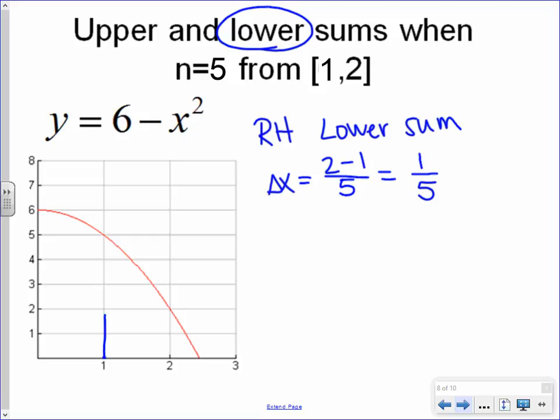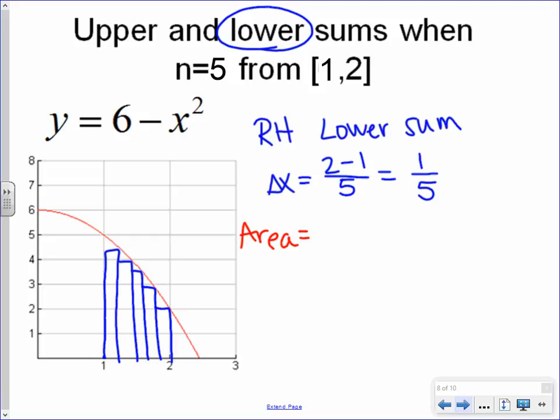Okay, so I'm going to draw these. Don't feel like you need to. Okay, that's what we're finding. So are we starting with a function value of 1? No, we're starting with a height where our function value is f of 6/5.